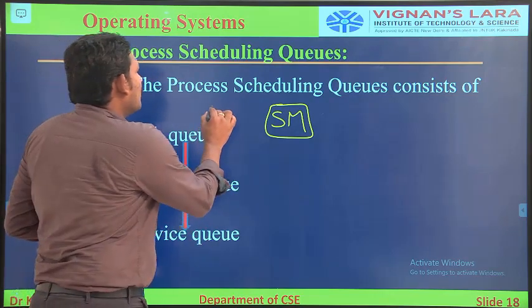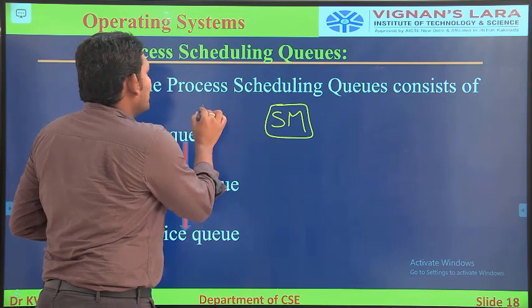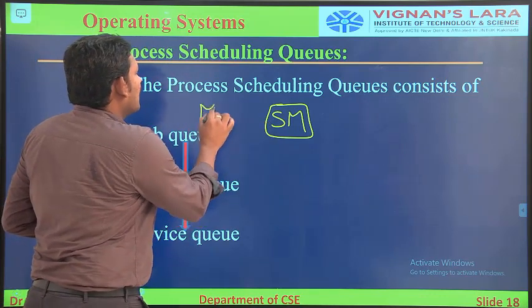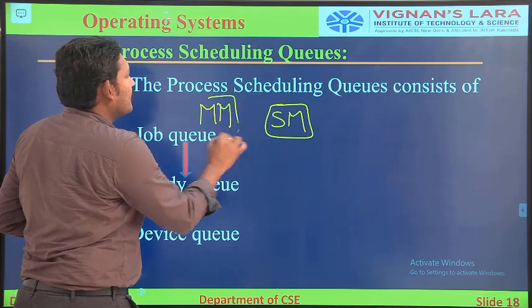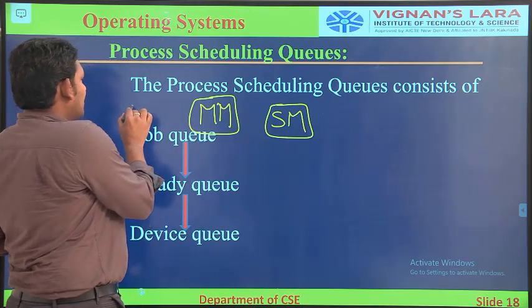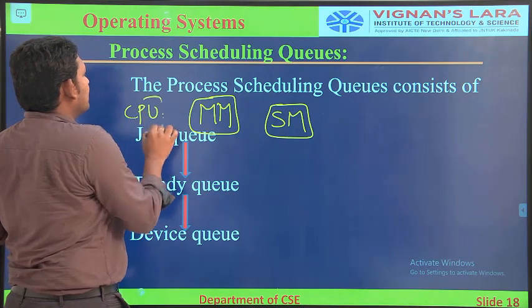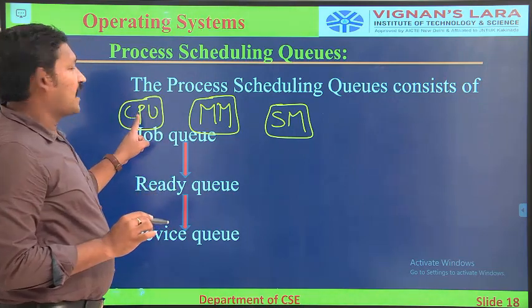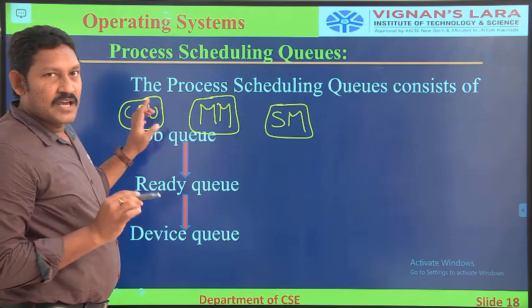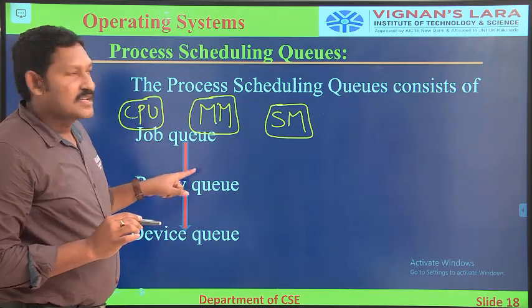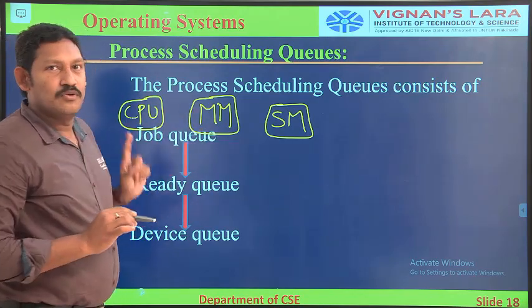Next we have main memory, and next we have the CPU. Next to the CPU we will have cache memory. For the time being, we will be discussing secondary memory, main memory, and CPU only.